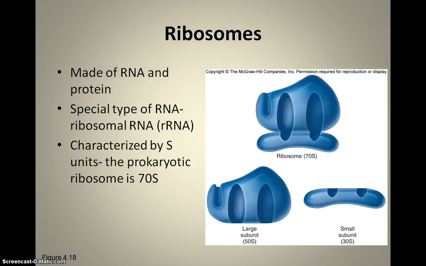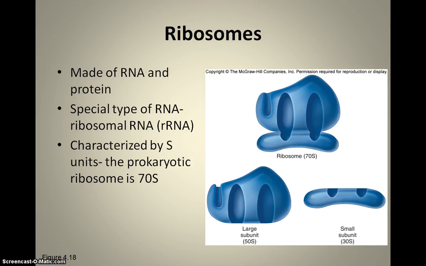When I took my biology classes, I was always taught this, but nobody ever told me what that S meant, and I was always confused by the fact that together it was 70, but separate it was 50 and 30, which adds to 80, but it's not eukaryotic, which is 80. Essentially, the S unit is a Svedberg sedimentation unit, and if you were to put these ribosomes into a liquid and centrifuge them, it measures how easily it moves through that liquid.